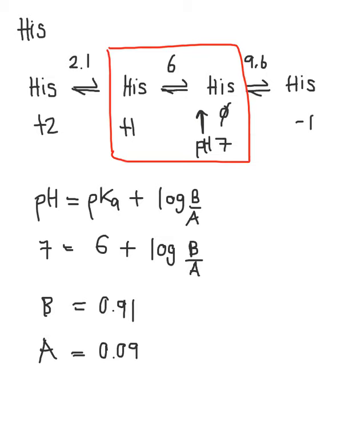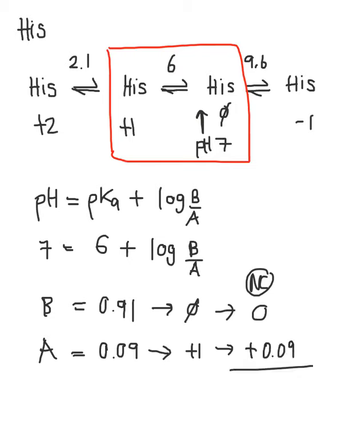The B ratio gives you the neutral charge, while the A ratio gives you plus 1 charge. So in total, B gives you 0, while the A ratio gives you plus 0.09. So the total net charge of histidine at pH 7 is 0.09. That's why histidine is the answer to this question.